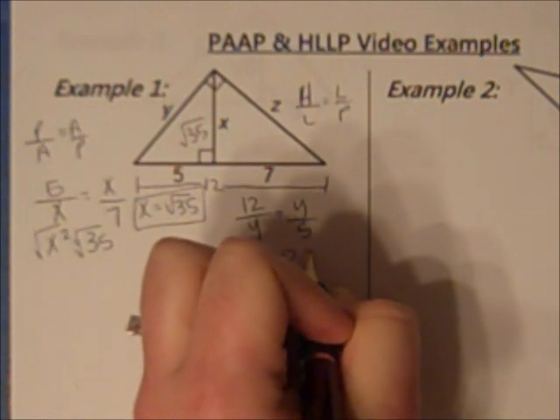Okay, a couple more. This one's a little different because it already has a radical in there, but no need to get freaked out. If I'm trying to find x first, that's a part. They gave me the altitude, so that would lead me to do PAAP. So I'm going to do part over altitude, square root of 6, equals altitude over the other part, so I'm going to make my little V, P-A-A-P.